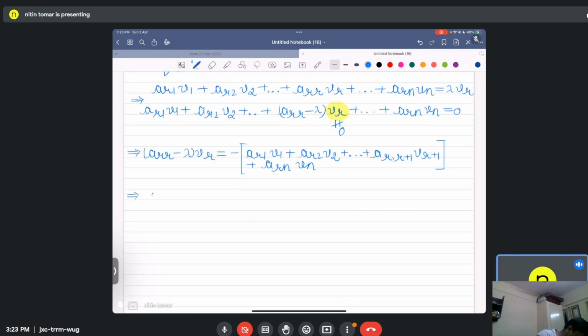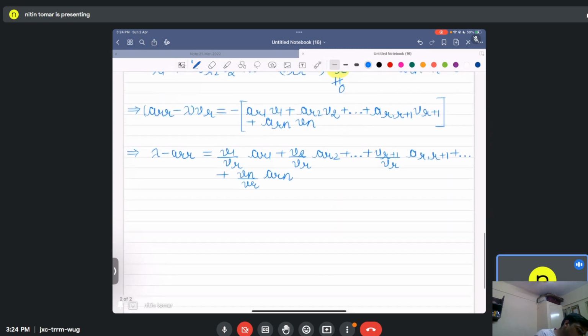Now if you take the minus here, and because VR is non-zero, we can always divide. So you'll have V1 by VR AR1, V2 by VR AR2, VR plus 1 by VR ARR plus 1, plus so on and so forth, plus Vn by VR ARN, right?